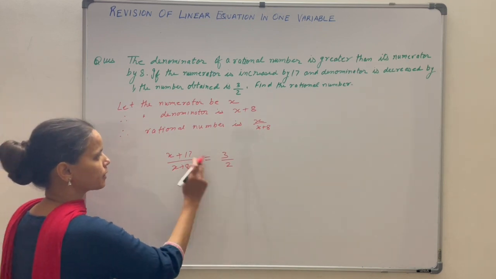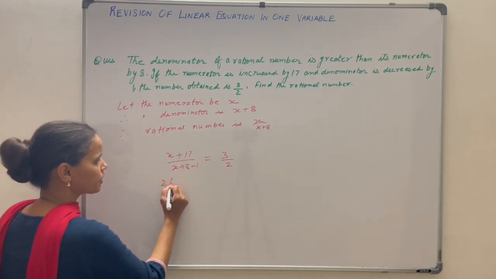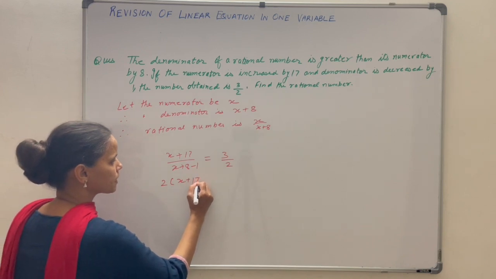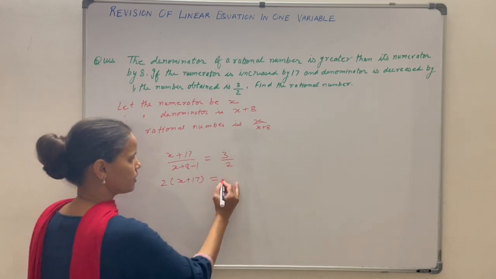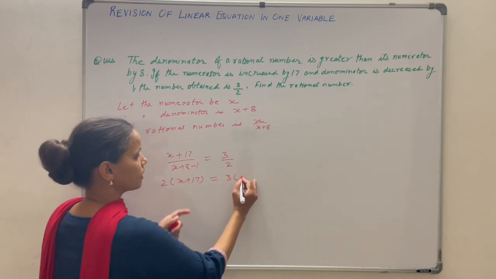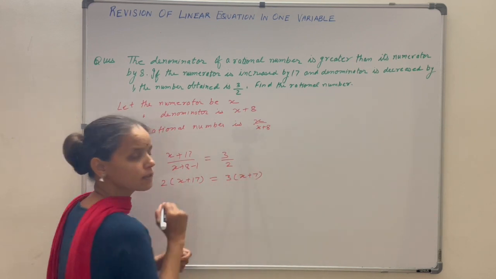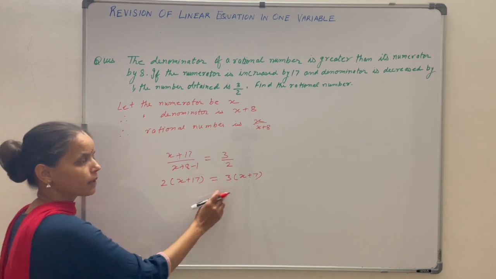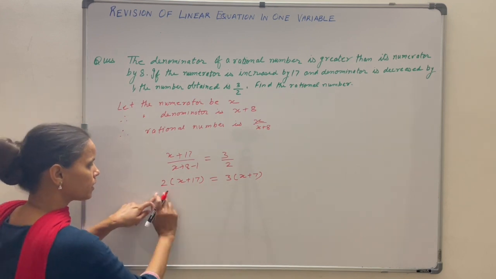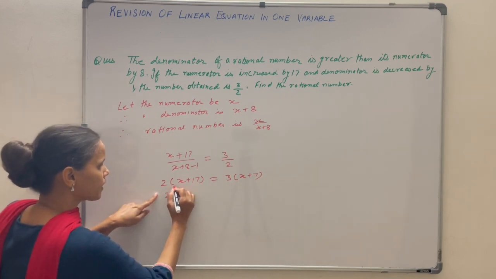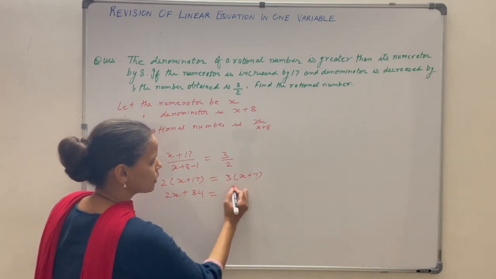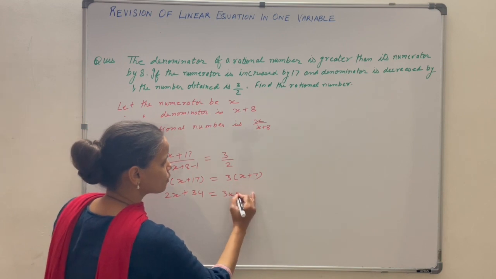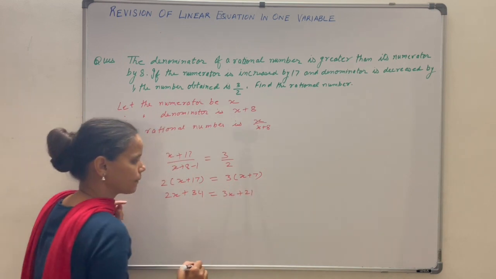So 2 into (x plus 17) equals 3 into (x plus 8 minus 1), and 8 minus 1 is 7. We will apply the distributive property here. So 2 into x is 2x, 17 into 2 is 34, 3 into x is 3x, and 3 into 7 is 21.